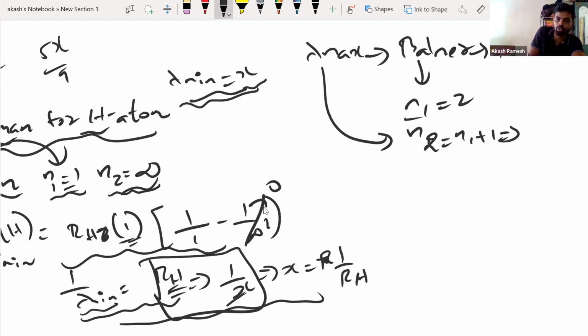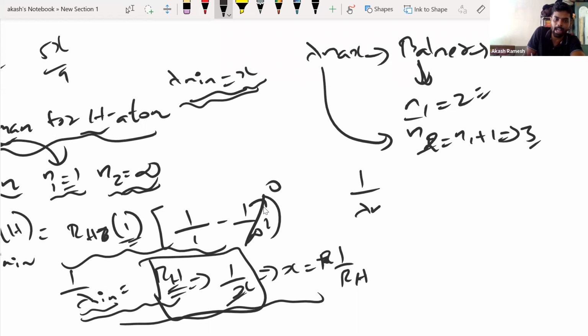In this case, N1 is 2, so N2 is 3, right? So for lambda max, I told you N2 should be N1 plus 1. Since it is Balmer series here, N1 is equal to 2, so obviously N2 should be 3. That is for lambda max, no issues. Now we have to substitute in the equation.